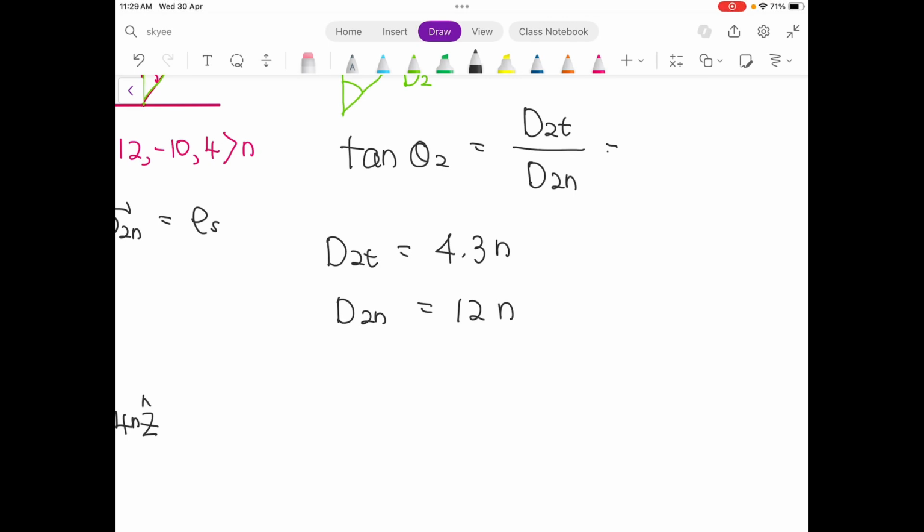When you put it in, you have 4.3 over 12, and the nano you can just cancel out. So tangent theta 2 equals 4.3 over 12, and my answer is 0.34 radians. In degrees, it will be 19.71 degrees. So this will be the answer for your theta 2.